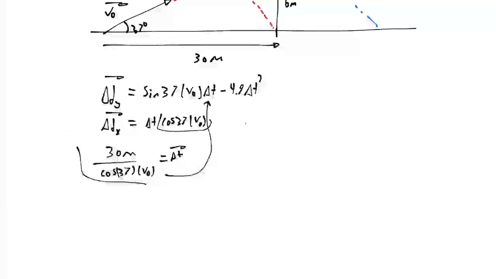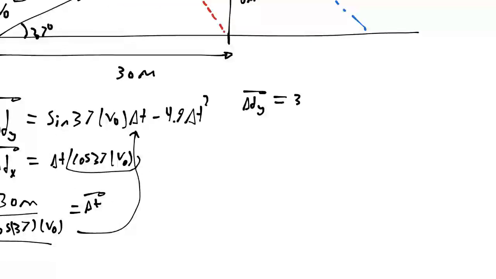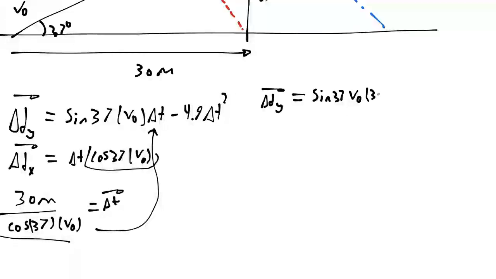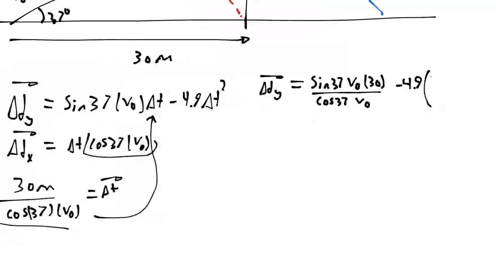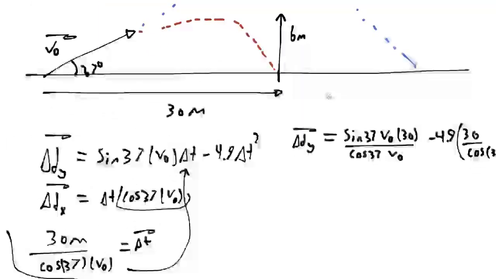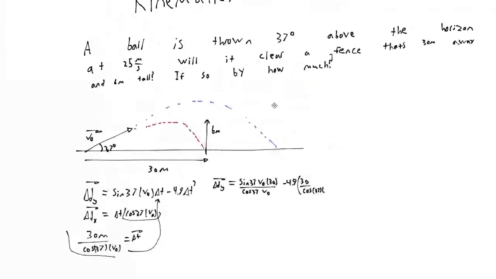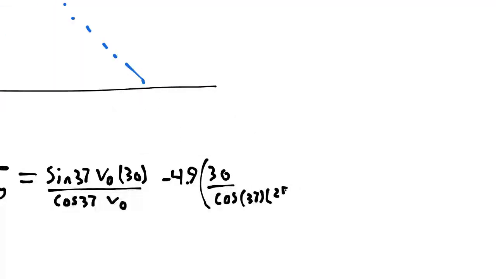So let's do that now. It's going to be very messy, so I'll skip ahead and put this in. And then also V naught is 25 meters a second, so I'll just replace it in here with 25 meters a second.